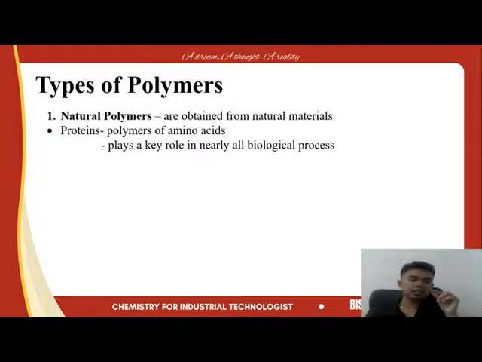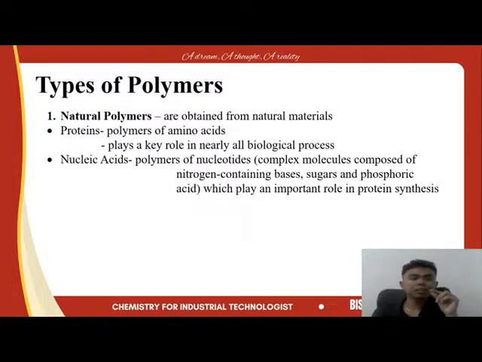Next to protein is nucleic acid. The nucleic acid is a polymer of nucleotides, which means that the monomer of the nucleic acid is called nucleotides. These are complex molecules containing bases, sugars, and phosphoric acid, which play an important role in protein synthesis.